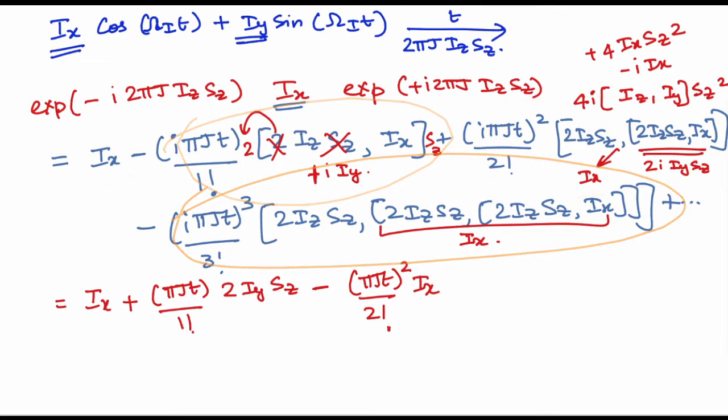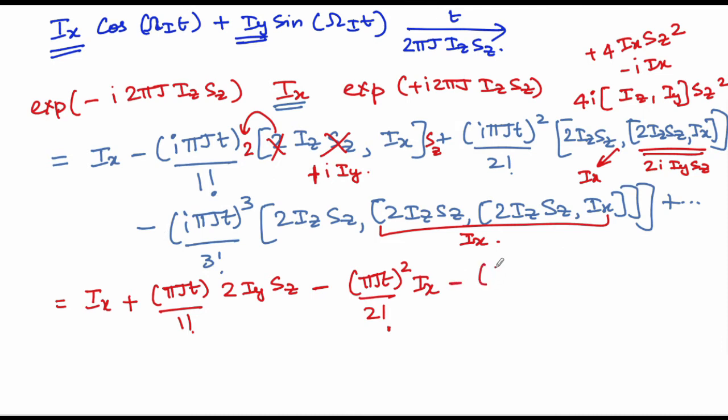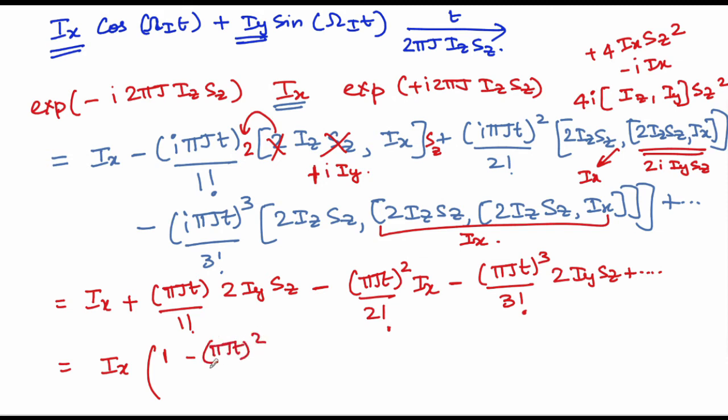So what ends up happening here is that you just have to be careful with the sign. You're going to get an i out, so therefore there's going to be minus pi J t the whole cube by 3 factorial times 2 Iy Sz and so on. So if you club similar terms where you take Ix out, you have 1 minus pi J t the whole square by 2 factorial plus pi J t the whole power 4 by 4 factorial.